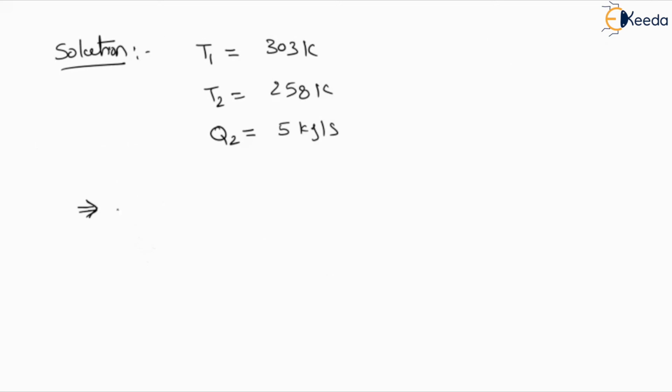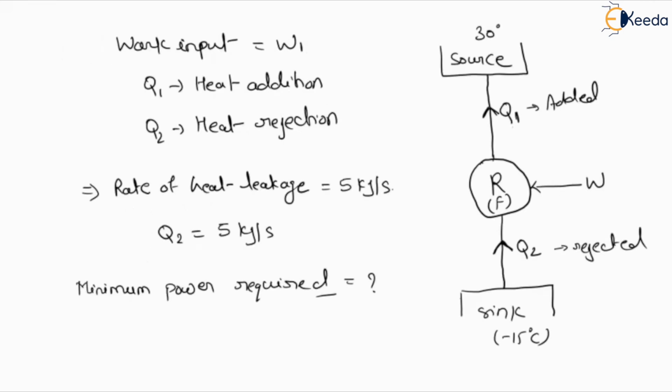Can we apply the temperature scale here? We have the refrigerator or the freezer. Heat comes out from the low temperature source and goes into the high temperature source, and for that we have to do some work.